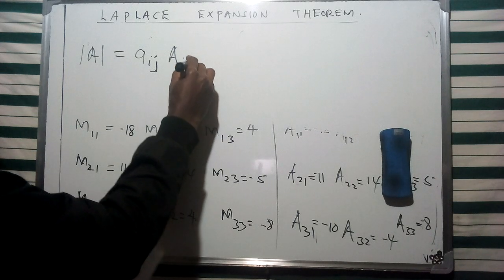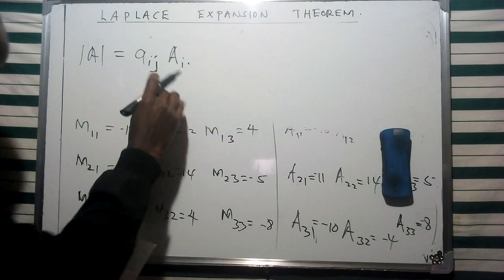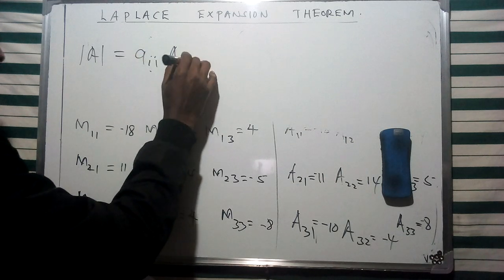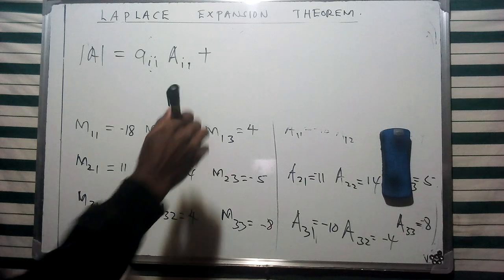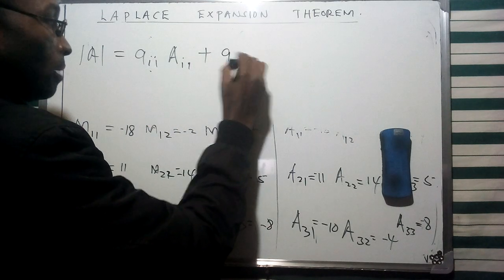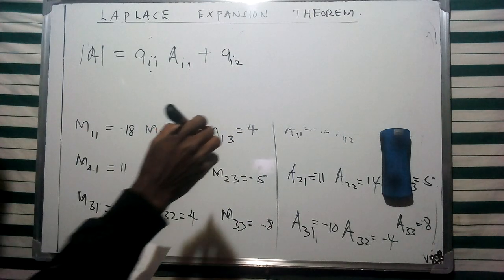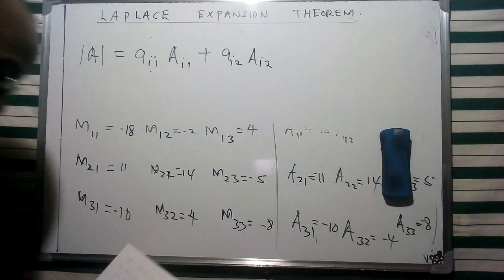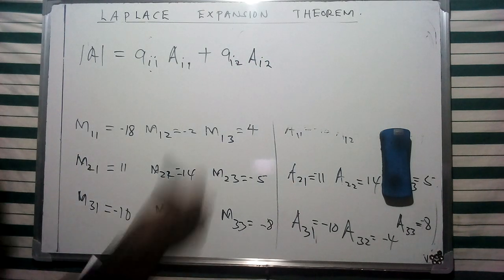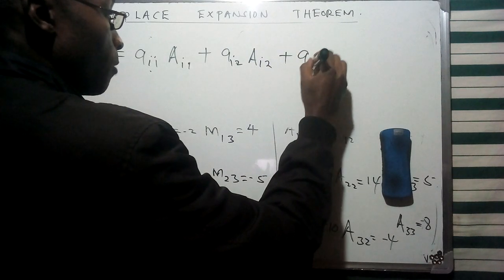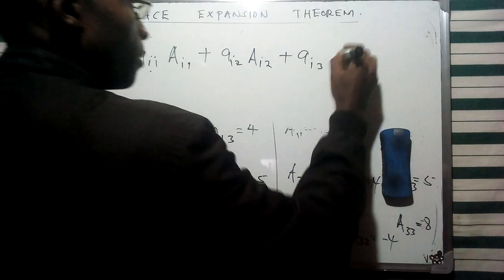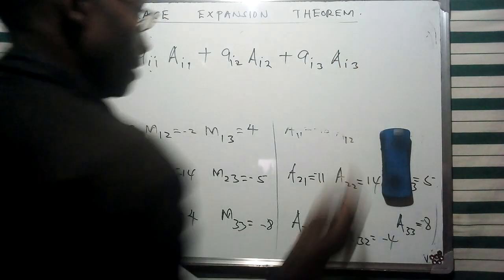So we're going to have this represented as the element a_i1 times its cofactor, and of course the element a_i2 times its cofactor, and a_i3 times its cofactor in that specific order.